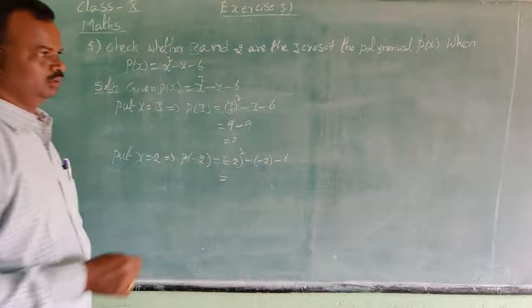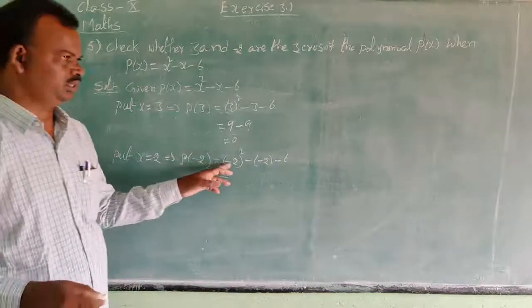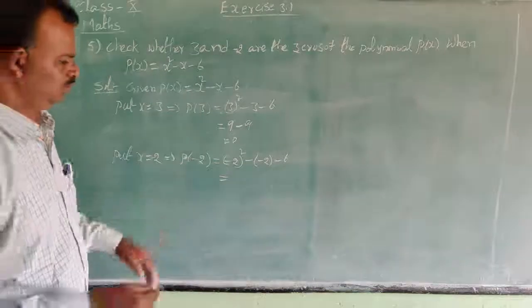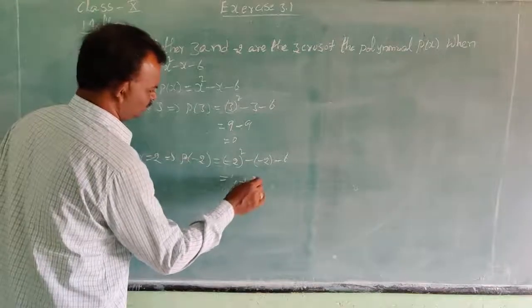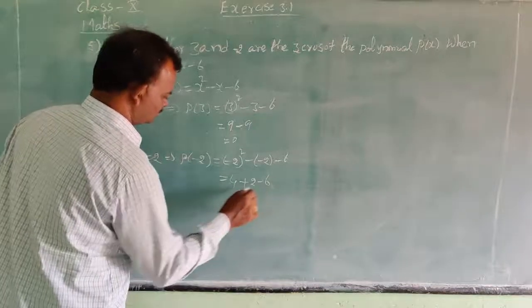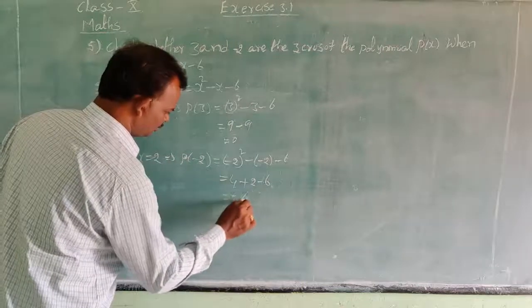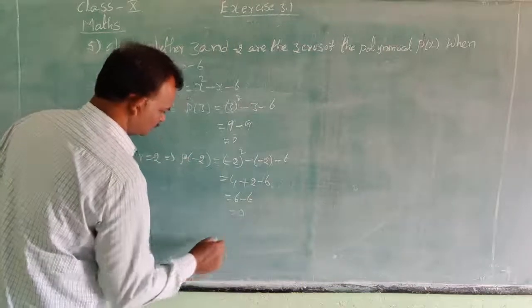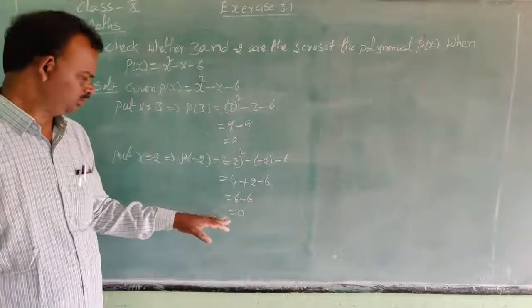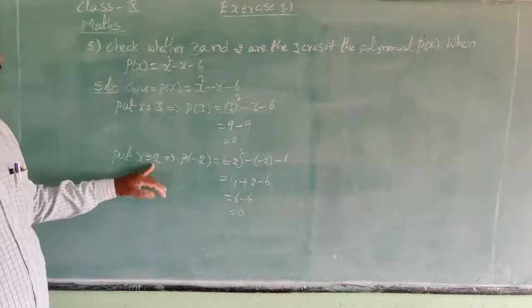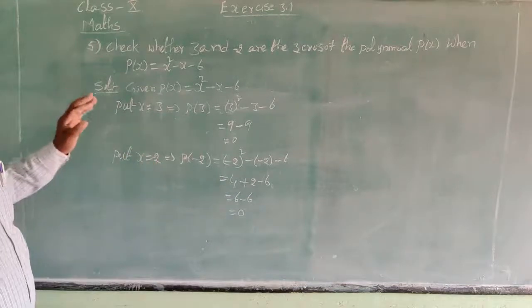Minus 2 whole square, minus into minus plus, 2 2s are 4, minus into minus plus 2 minus 6, that is equal to 6 minus 6, that is equal to 0. We are getting the value 0. So minus 2 is also a 0 of the polynomial.